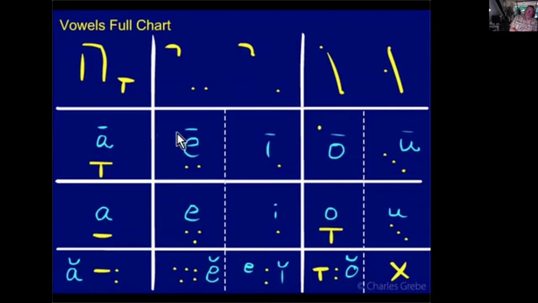Now historically long vowels take a circumflex. I'm going to put this here, just where I can find a spot. So A with a circumflex. Likewise E with a circumflex. And I with a circumflex.